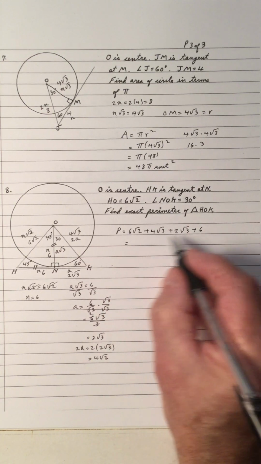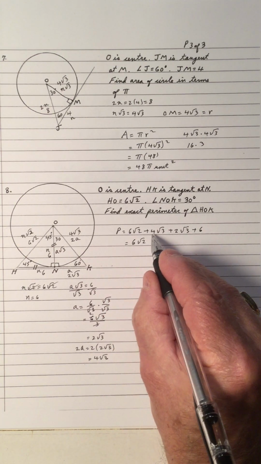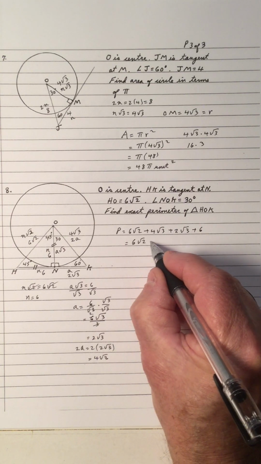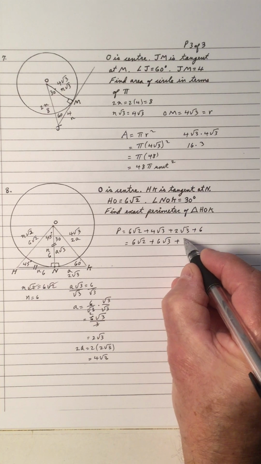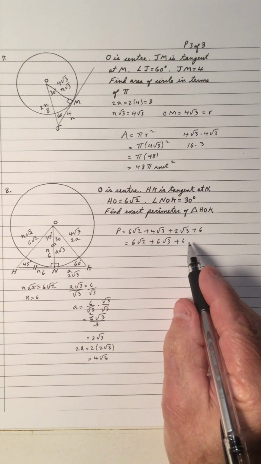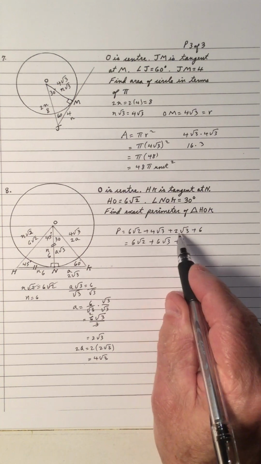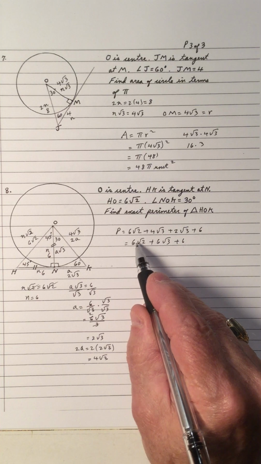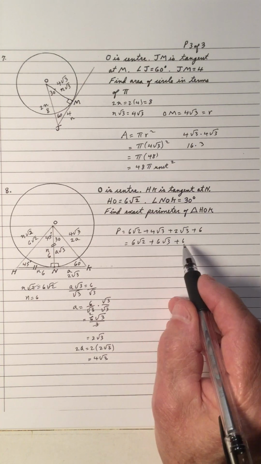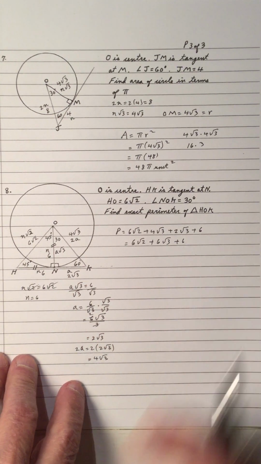I can only add like terms. So the like terms, I got 4 root 3 and 2 root 3 make 6 root 3, plus a 6. So that's the exact perimeter. You can only add the same square root to itself. So 6 root 2 plus 6 root 3 plus 6 is the exact perimeter of this triangle.